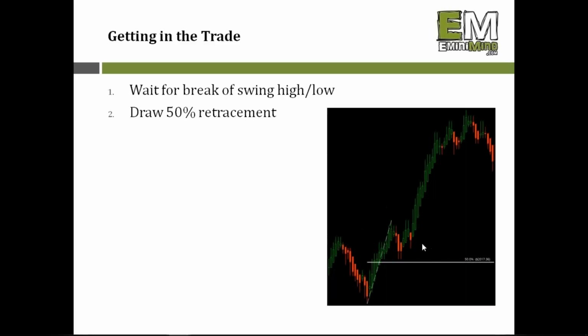And so by doing that, we're essentially letting the market pull back a little bit. We've established that a new trend could be starting. Market pulls back, getting in the trade at that 50%, and then riding the trade in that new trend.